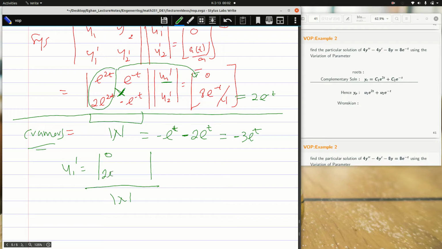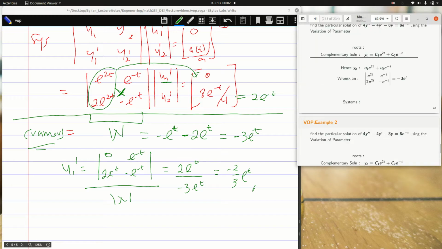And then the right hand side here remains. Quickly, the determinant of this, you are going to have 2 of this, 0, over the Wronskian, negative 3e to the t. And that will give me 2, e to the power 0 is 1. So I'm going to get 2 on 3e to the t. I hope my answer here is correct. So the Wronskian is correct.